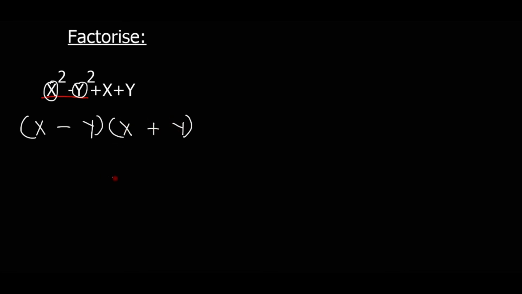So that is how we factorize the difference of two squares, and then now we have x plus y, and then 1 or x plus y just goes along as 1, so there is nothing we can do, because you cannot factorize if you have something like this one.